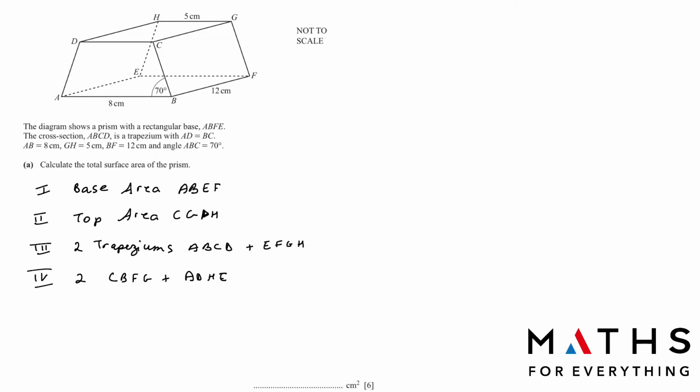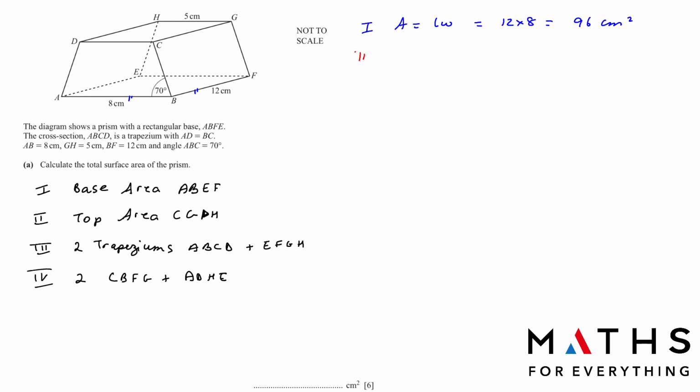Let's look at the base area. It's a rectangle, so the base area is going to be length times width. Length is 12 and width is 8. So 12 times 8, 96 square centimeters. That was an easy one.